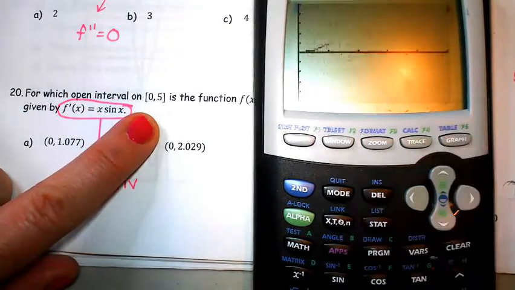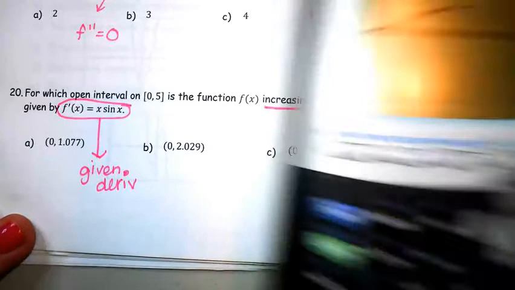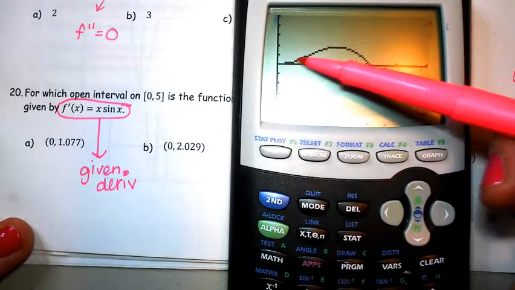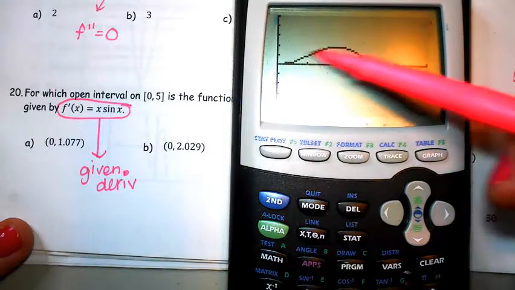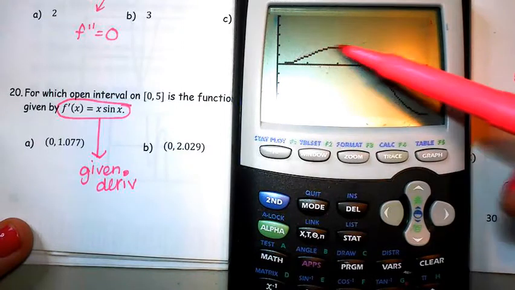Okay, keep in mind, this graph is the derivative. So I'm looking at f prime. I want to know, where is the original increasing? Well, looking at the derivative, the original's increasing wherever the derivative is positive. So all this stuff could be part of my answer to begin with.